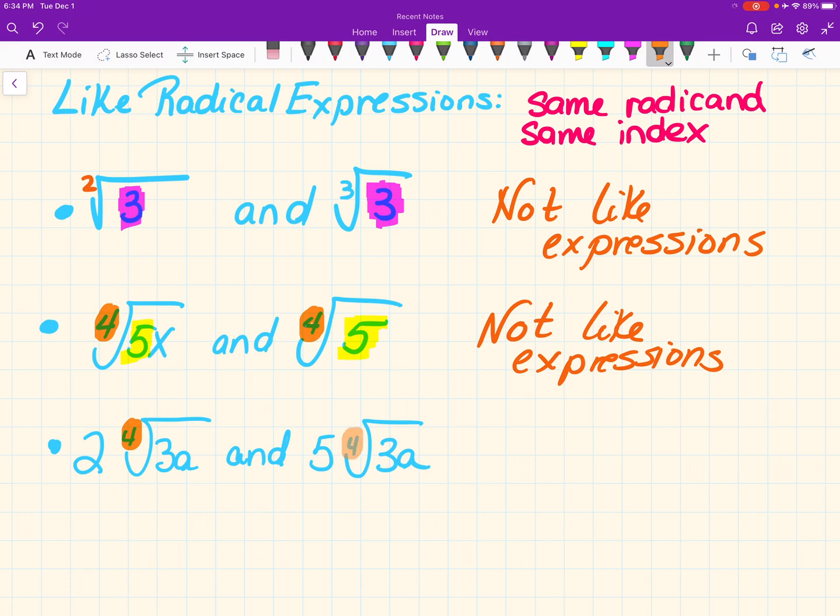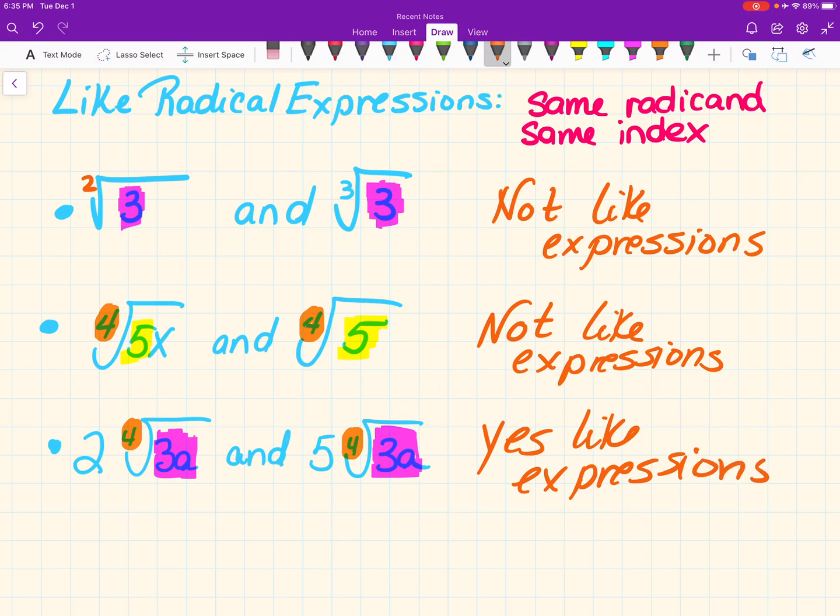So the 4s are the same. Good. And now we're going to check the radicands. This is 3a. This is 3a. They're exactly the same. Now, if one of them was 3a squared, that wouldn't work. But 3a and 3a are exactly the same. The index match, and therefore these are like expressions. Okay? And that's going to lead us into what we're doing next.